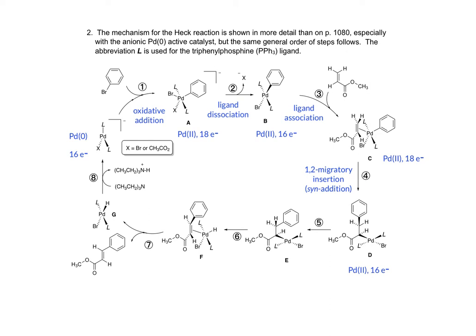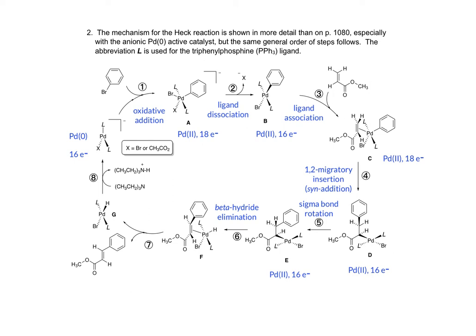Step 5 is simply a sigma bond rotation to give the conformational isomer E. Conformation E is required for step 6, which is beta hydride elimination, the mechanistic reverse of 1,2 migratory insertion.